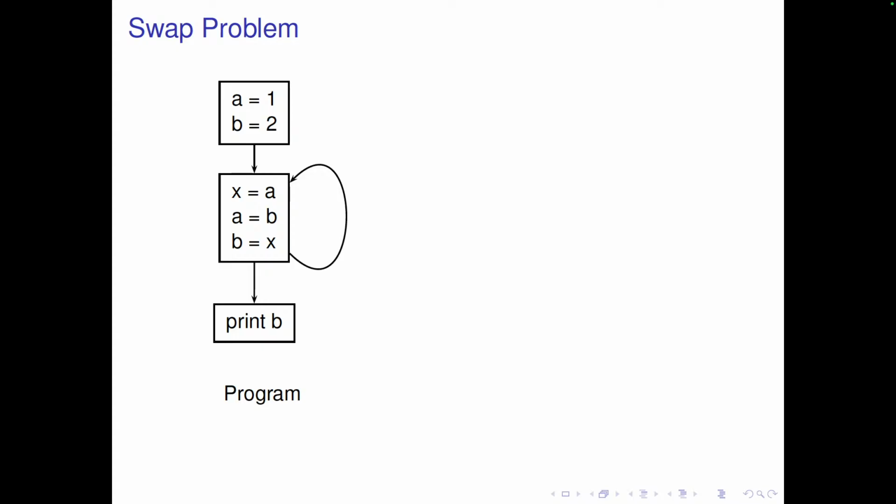Oh, this A3 is defined here, it's used here. So why not replace this by B2? Now there is no use of A3. This B3 is defined here, used here and here. The value is A2, so why not change it to A2?